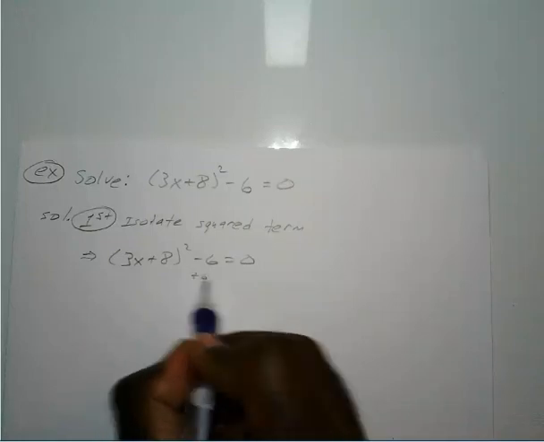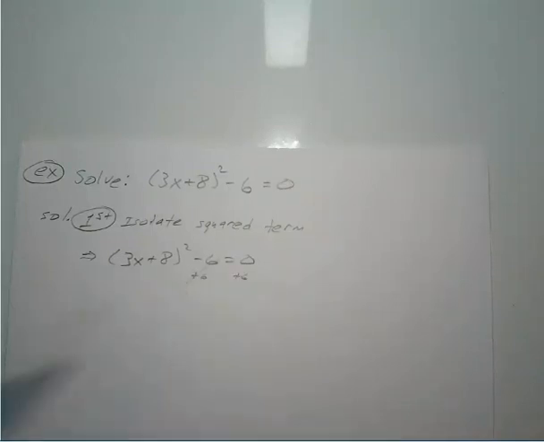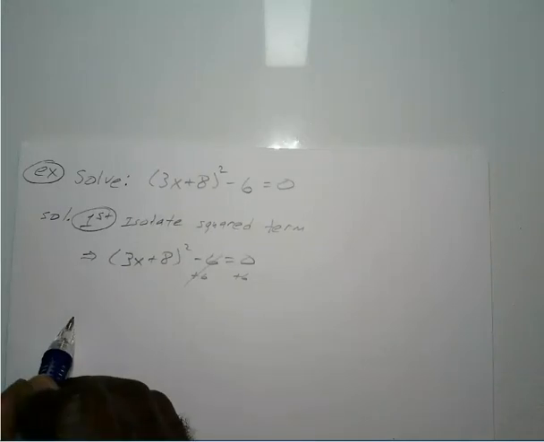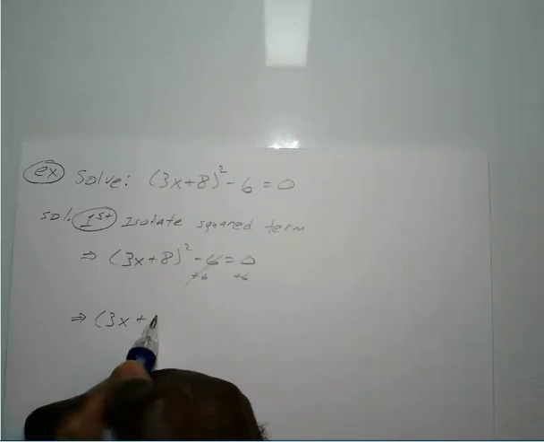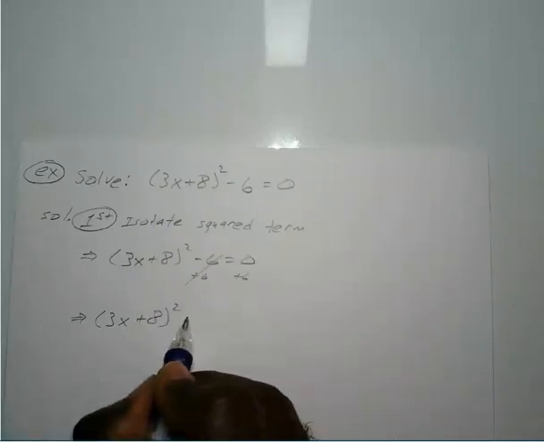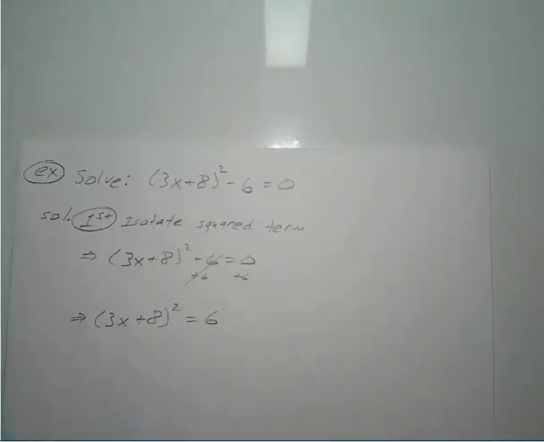We're going to go ahead and add 6 to both sides, where those two would cancel out. So that will give us (3x + 8) squared equals positive 6.